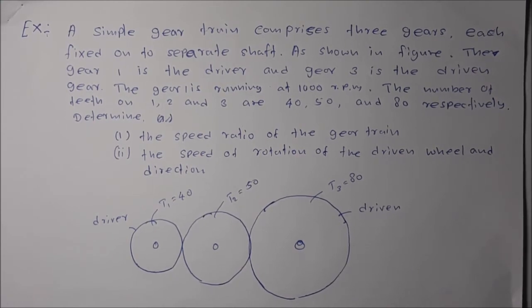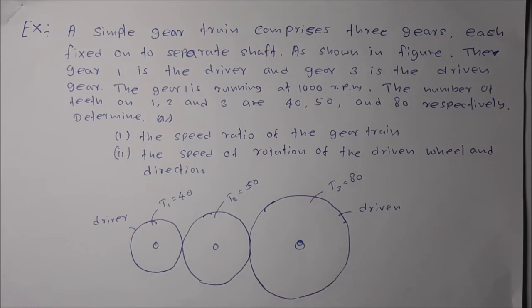A simple gear train consists of 3 gears, each fixed on a separate shaft as shown in the figure. Gear 1 is the driver and gear 3 is the driven. Gear 1, the driver, is running at 1000 rpm.